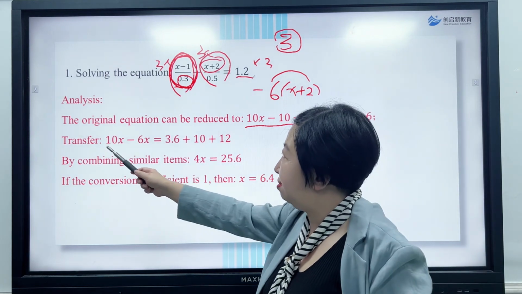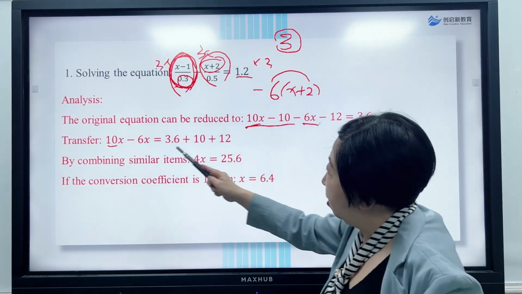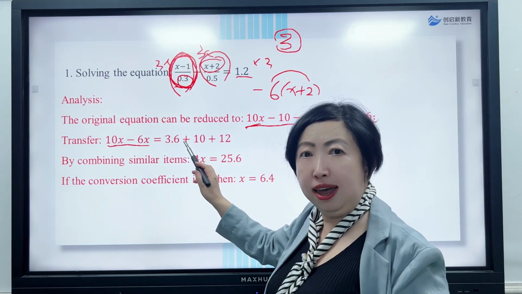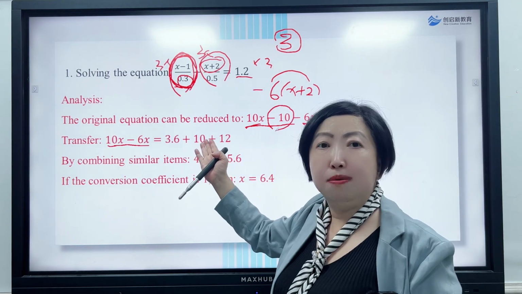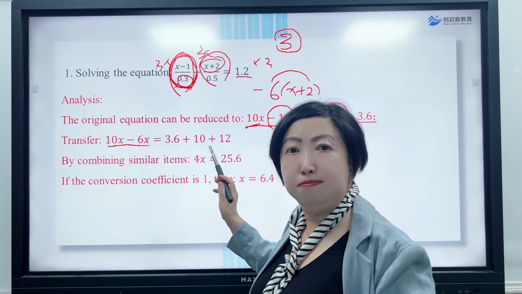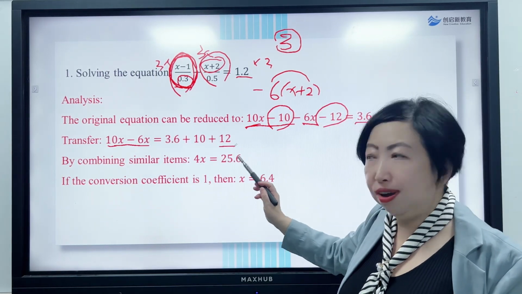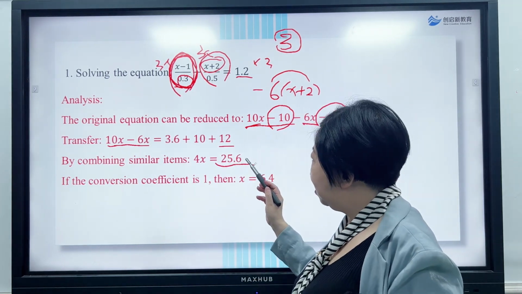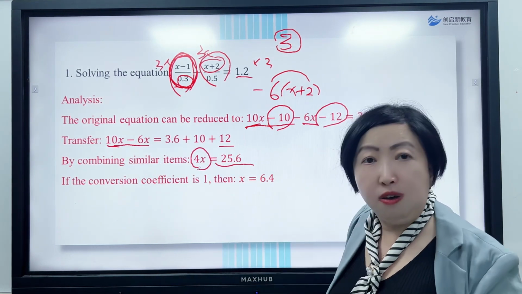Then we transfer terms. 10x doesn't change, and we move the minus 6x. 3.6 on the right is not changed, but negative 10 becomes positive 10, and negative 12 becomes positive 12. So it's 3.6 plus 10 plus 12, which equals 25.6. Here, 10x minus 6x is 4x.